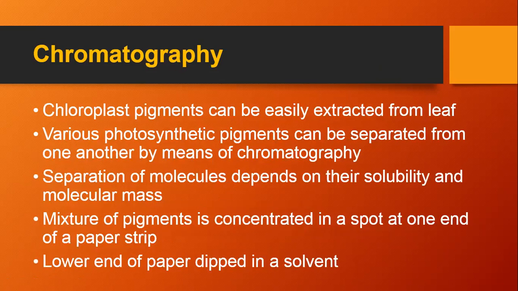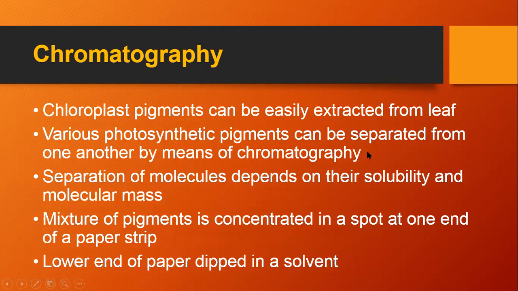The next one is that the chloroplast pigments can be easily extracted from the leaf. We have already seen that. The leaves can be ground, and after that we add the buffer solution to that, and that extract can be taken, and that extract is going to have the chloroplast pigments. Then various photosynthetic pigments can be separated from one another by using the technique of chromatography.